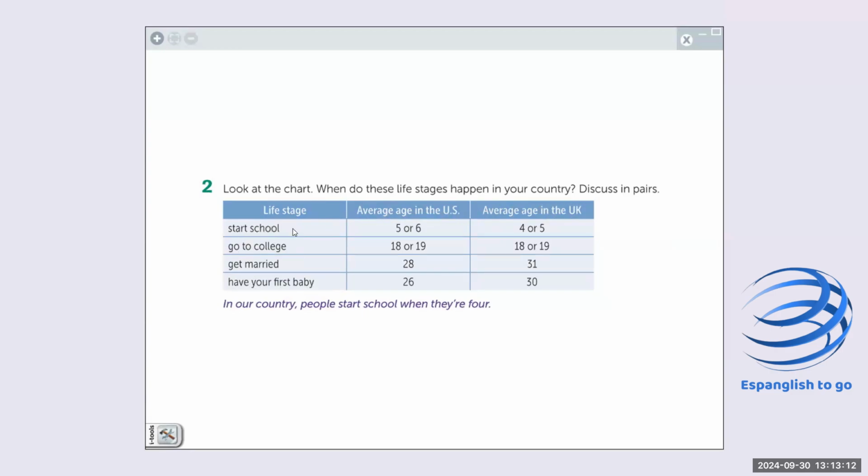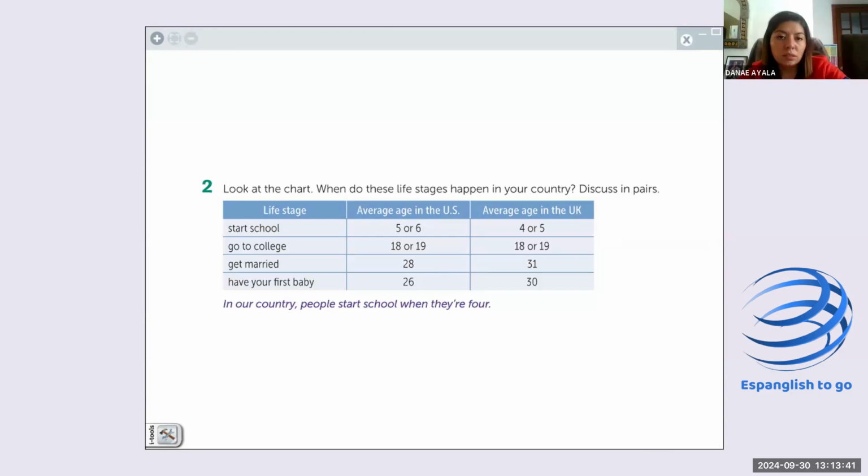So start school, the average is 5 or 6 years old in the USA, but 4 or 5 in the United Kingdom. What's the average age to go to college in the USA?